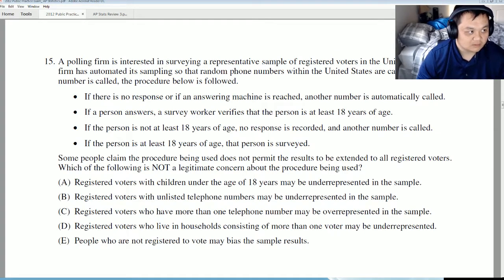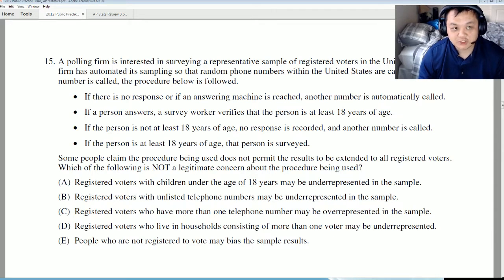It means the reasons why the procedure does not permit the result to be extended to all registered voters. Okay, so you're trying to poll, so you're trying to get a good measurement. You're trying to get it as randomized as possible, and you want to make sure that the feedback you're getting is correct, not skewed.